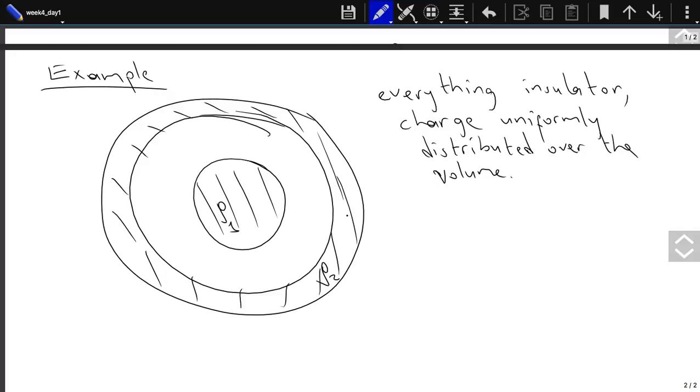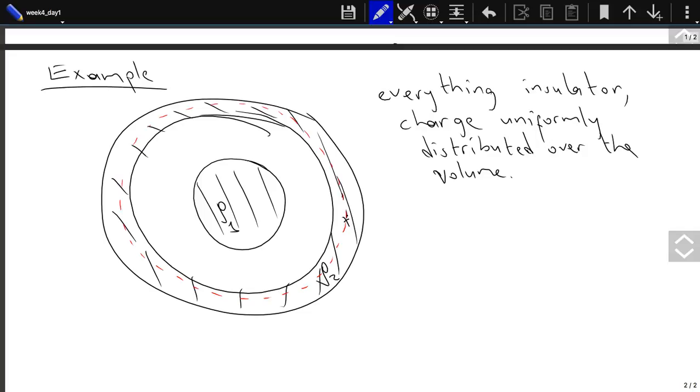So if you want to find the electric field at this point, the only thing you have to do, since everything is spherically symmetric, just imagine this hypothetical sphere. This point is out of all these shells making the inner charge and this part of the shell.